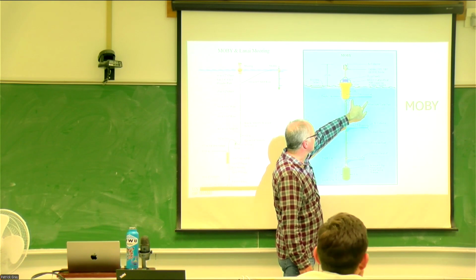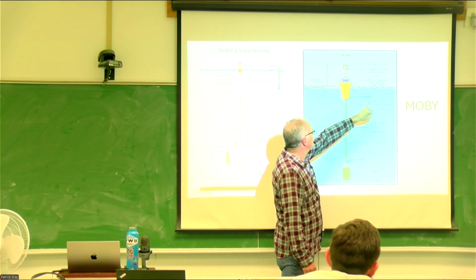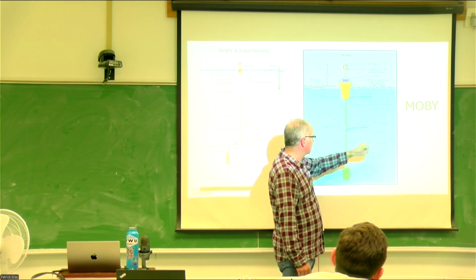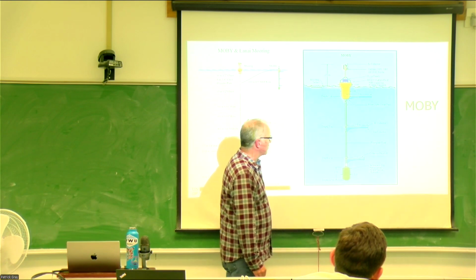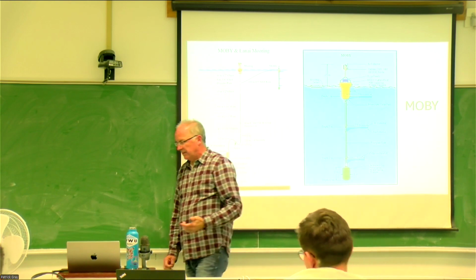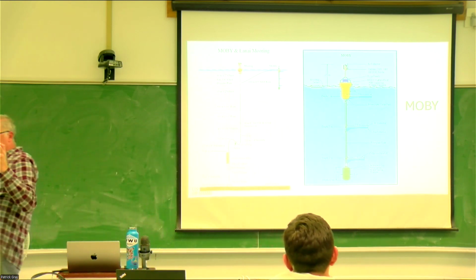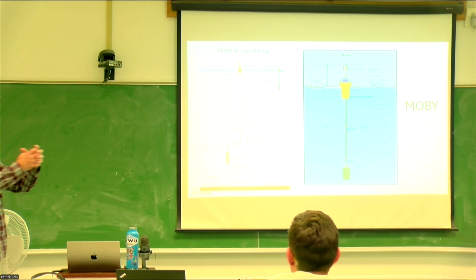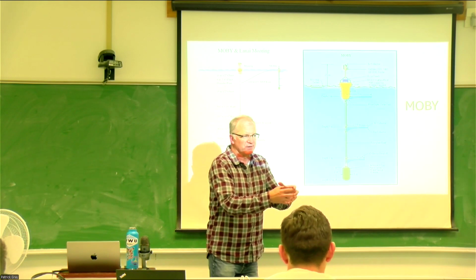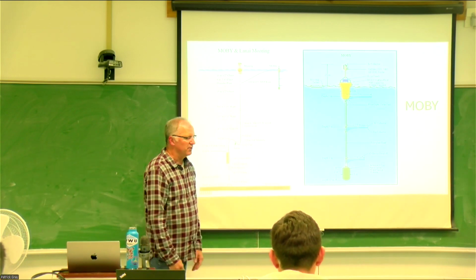There are 3 meter arms where the radiance and irradiance sensors are out at the end. The cool thing about MOBY is they're not real sensors out at the end of the arm. They're just what are called the fore optics. It's a light collector, a Gershun tube, and probably folding optics.